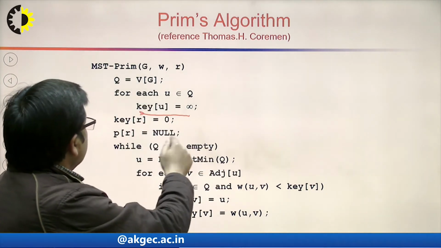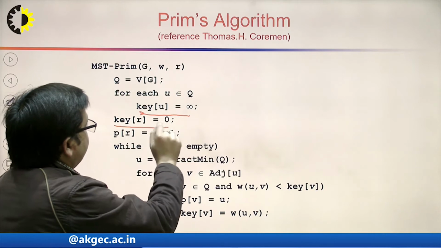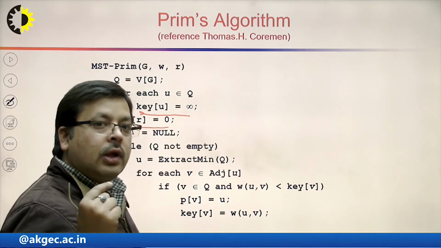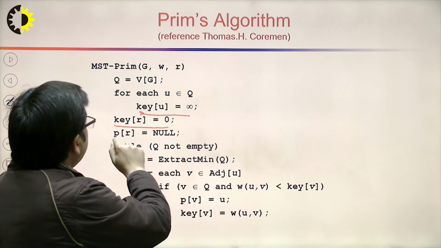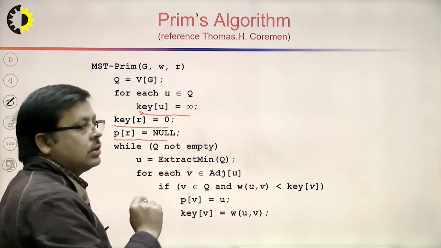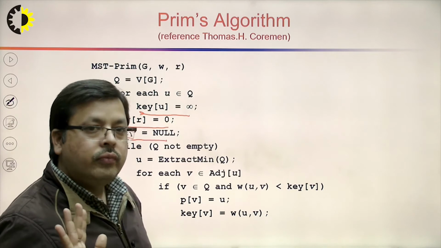We initialize the source vertex, which is chosen by us, with weight 0, and the parent of all the vertices is currently null.